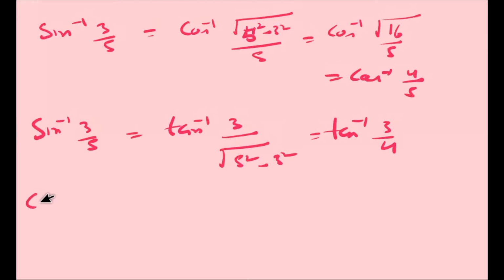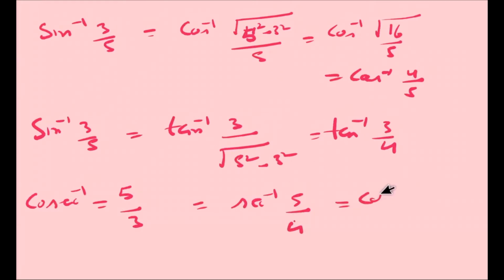Now if we want to change it to cosec inverse, it is hypotenuse upon perpendicular. If we want sec inverse, it is hypotenuse upon base, right? So sec inverse 5 upon 4, and cot inverse is 4 by 3. This way we can find many values from sine inverse to cos inverse to tan inverse, and so on.